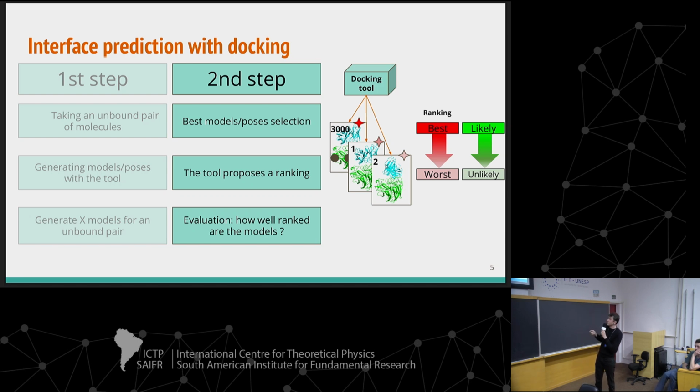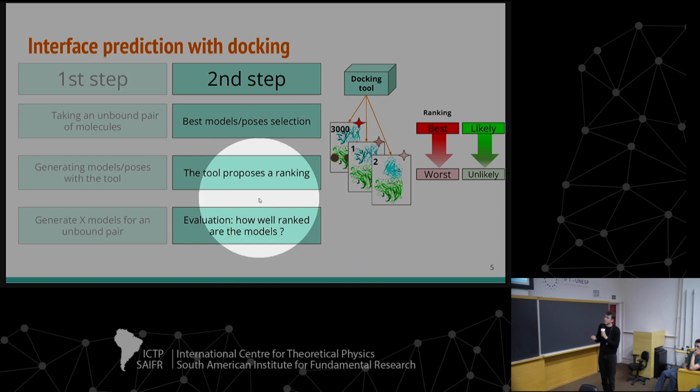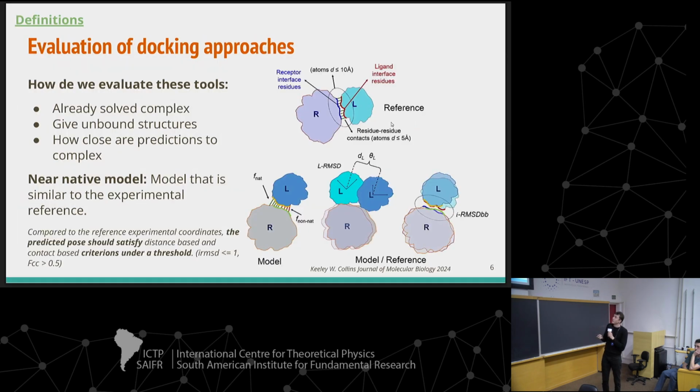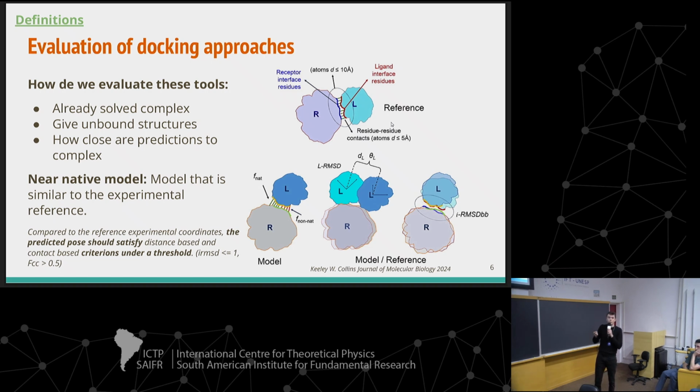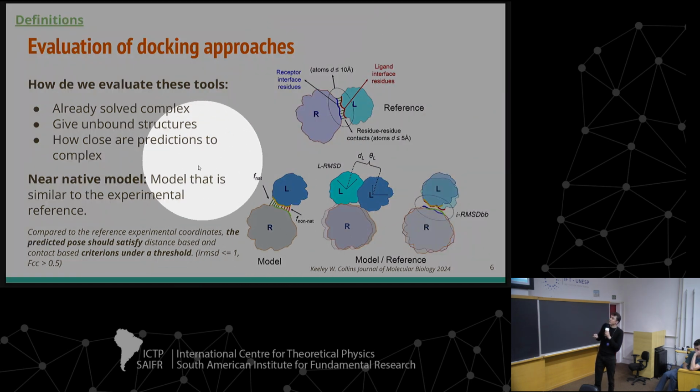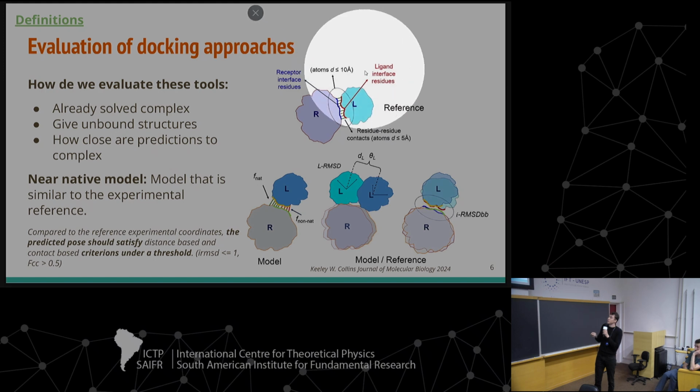And we can actually evaluate these docking tools by taking actual crystal structures of complexes that are already solved, and we give to the docking tool the separated molecules, and we see if within the models that it provides, we can find some models that are very, very close, or near-native-like. So these are models that are very close to the crystal structure.